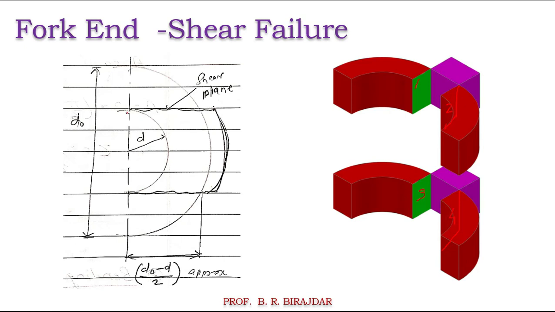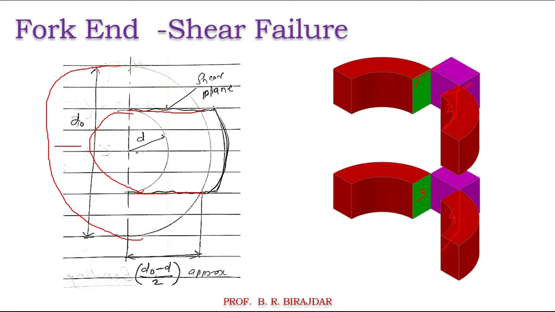So that we will see. It is shown here and here. The same thing here, this area, and this one here. Then again this thickness you have to find out, as this is the diameter DO. So DO minus D, then you will get this thickness and this.